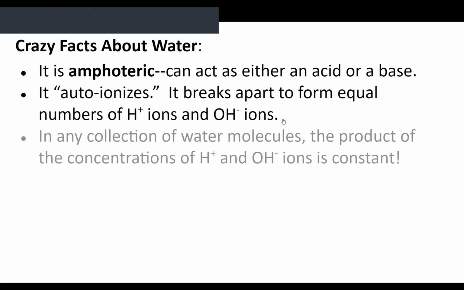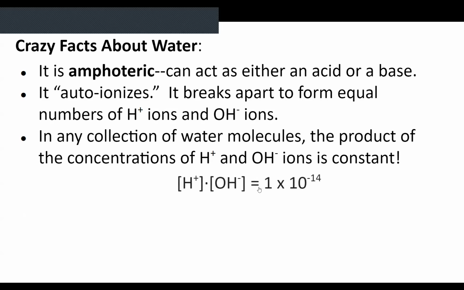That's really important. So that means if we've got equal concentrations of hydrogen and hydroxide, well, in any collection of water molecules, no matter what the size is, the concentration of hydrogen times hydroxide is a constant. It's 1 times 10 to the negative 14th.